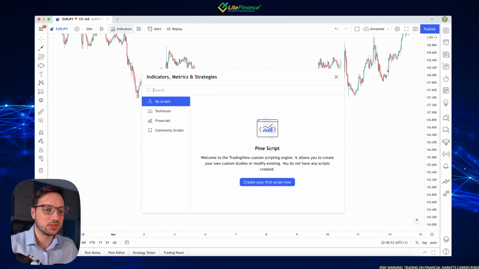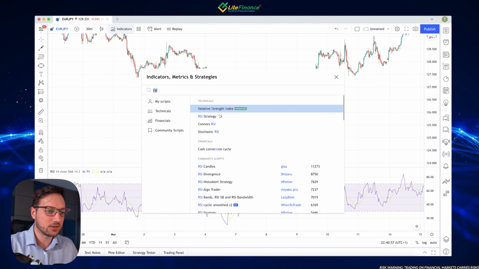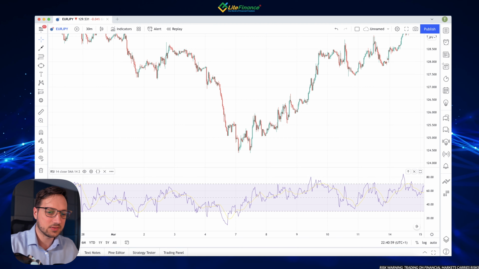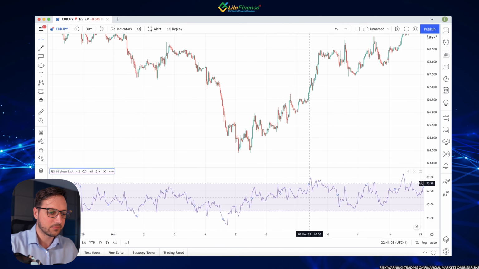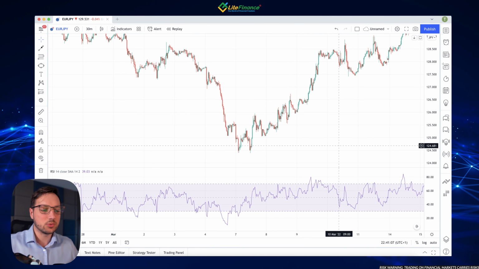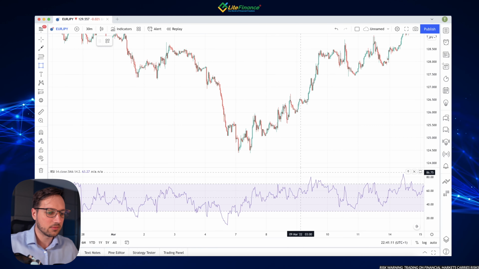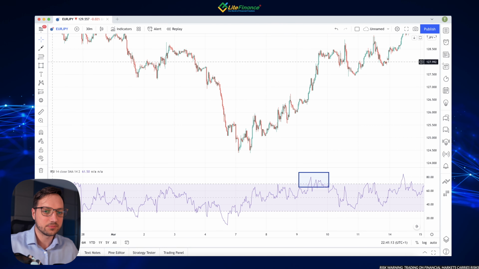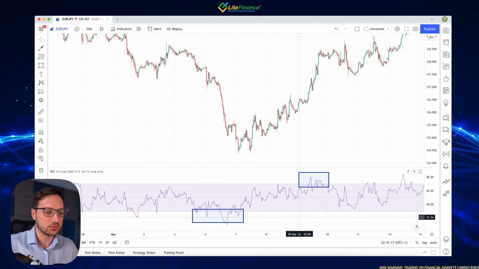So let's go to the indicators, type RSI, relative strength index. Let's delete this yellow moving average line. Okay, so now, typically when we use RSI, of course, we are looking at the overbought and oversold zones, right?